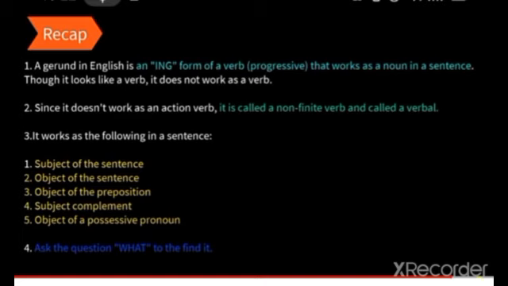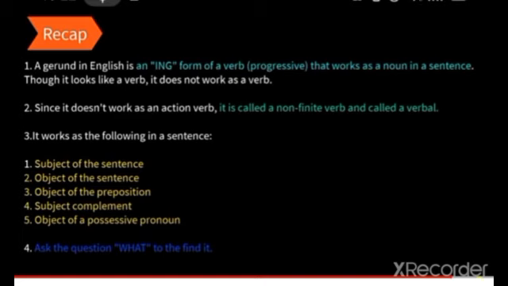It works as the following in sentences. First one as a subject of the sentence. Second one as the object of the sentence. Third one object of the preposition. Fourth one subject complement. And last one object of possessive pronoun.